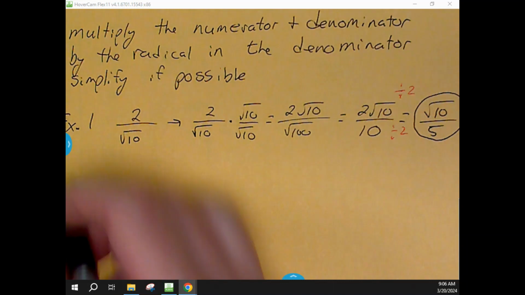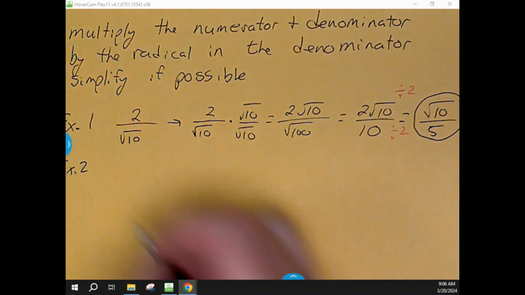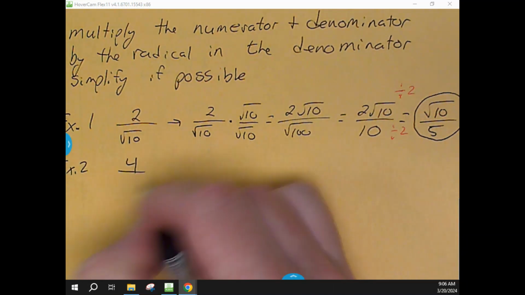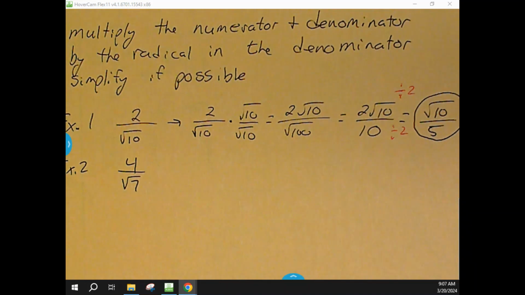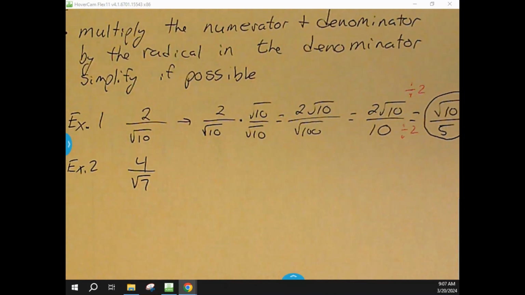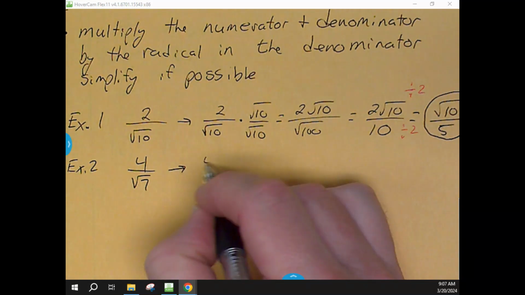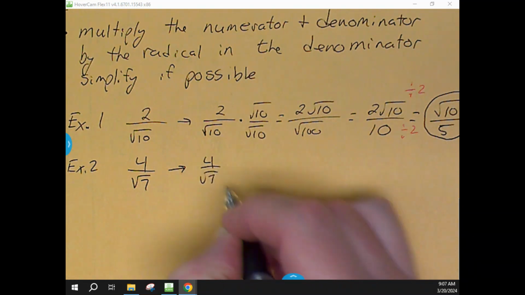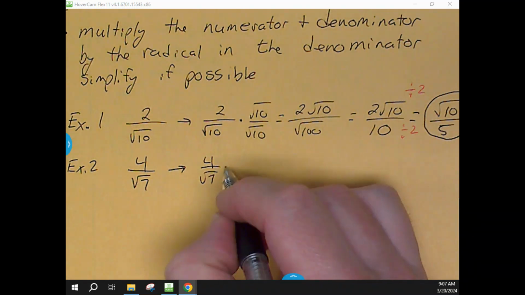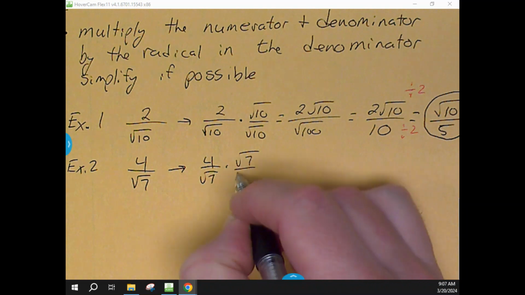All right, I'll give you one more of those and we'll talk about what the shortcut is. Let's say it was 4 over the square root of 7. Again, we're going to multiply by whatever the radical is in the denominator.